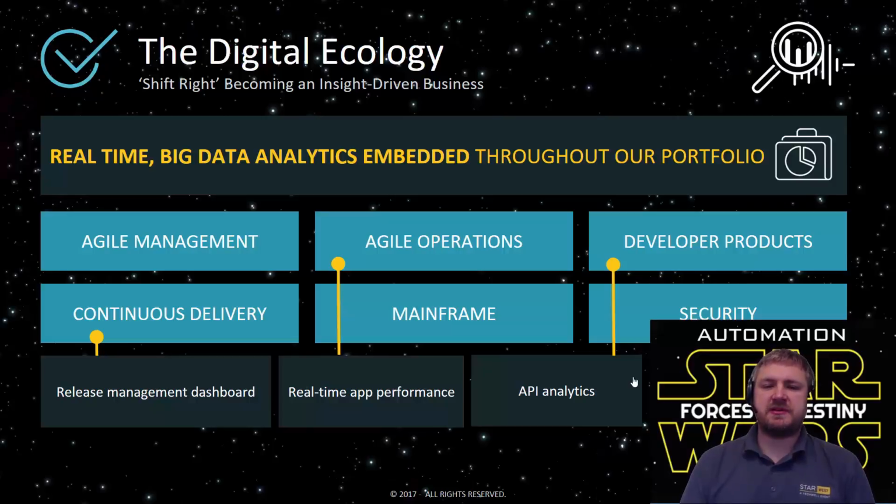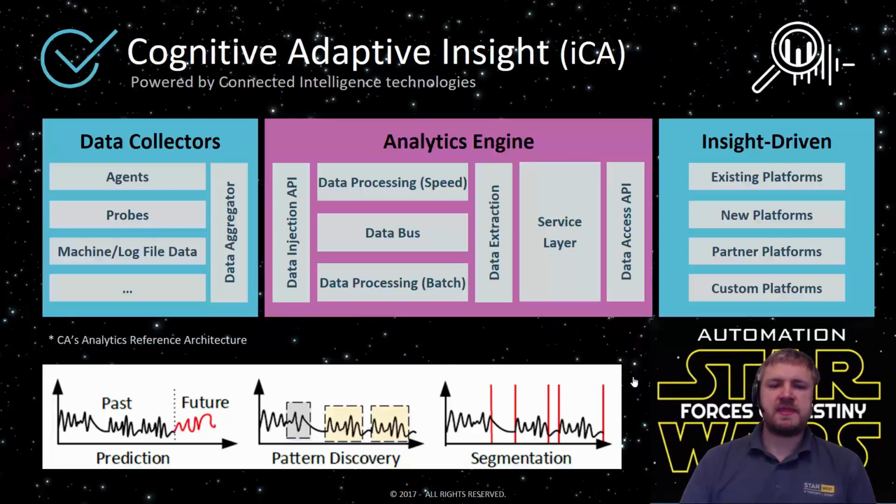So we're starting to build that into all of our tool sets across mainframe, the agile operations, and also the continuous delivery products. Again, this is done in a similar kind of way across all of our product sets. So whether we're using the connected intelligence technologies powering a test tool or a development tool or a delivery deployment tool, each one of them starts to collect lots of information.